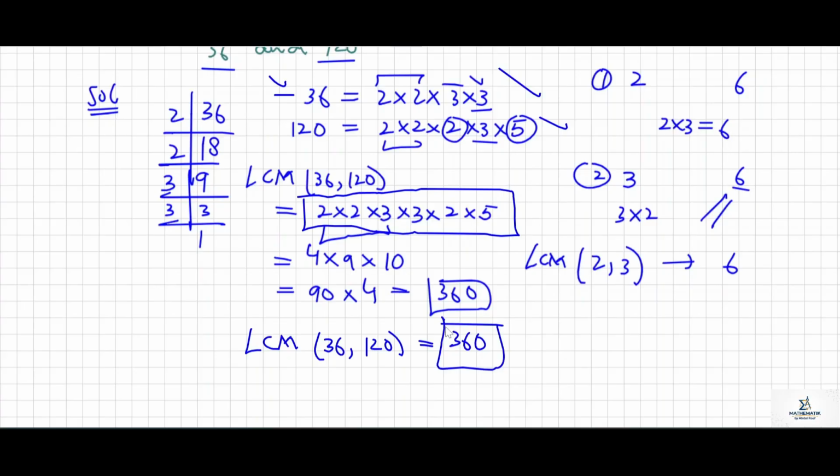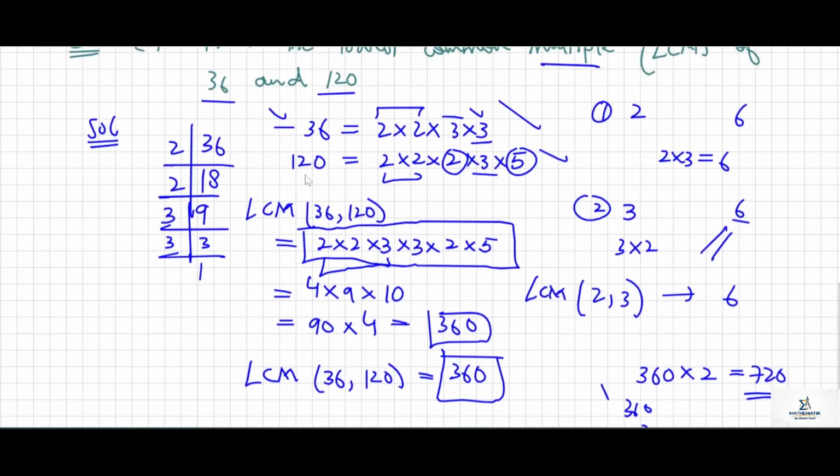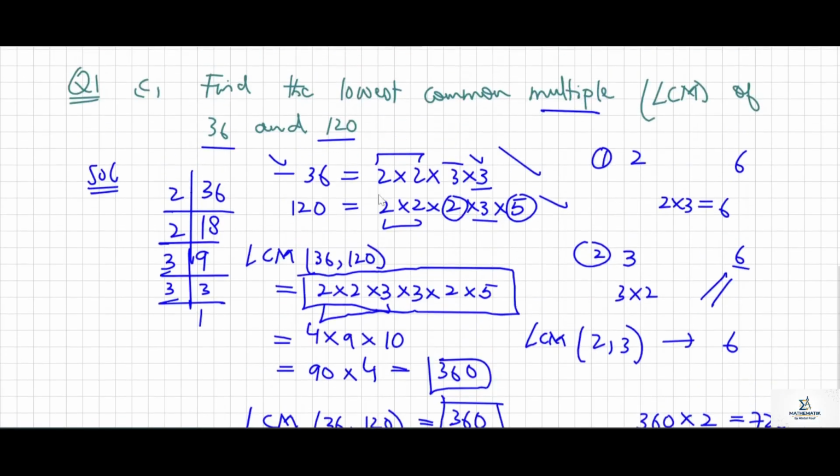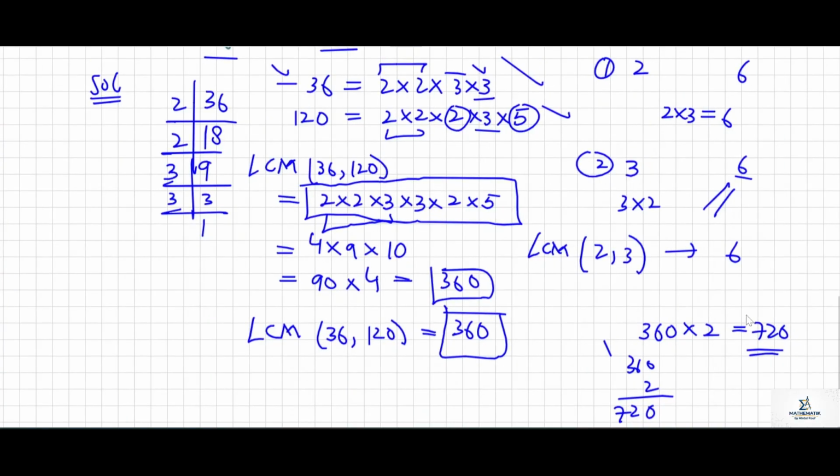But you can also think, if we multiply 360 with 2, we will get something like 720. Let me do the maths. So 720. 720 is also a multiple of 120 and 36, but it's not the lowest. That's why we are not choosing this, no?